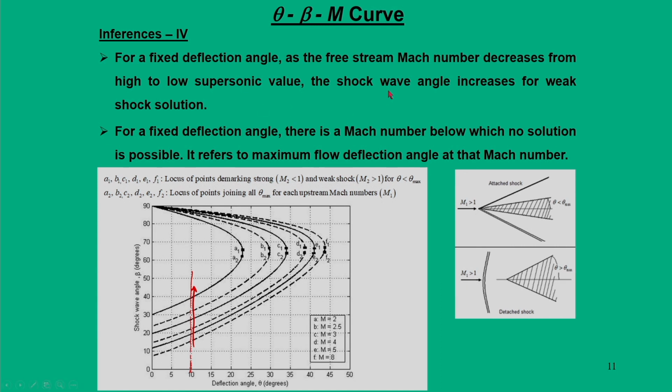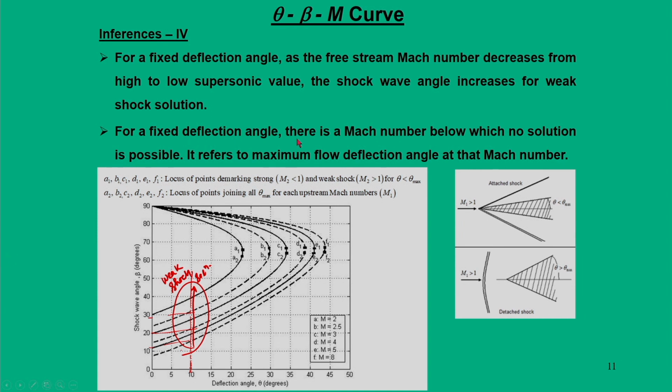What happens? The shock wave angle increases for weak shock solution. Of course, why am I saying weak shock? Because weak shock is a naturally occurring process, and we do not normally go for strong shock solutions.